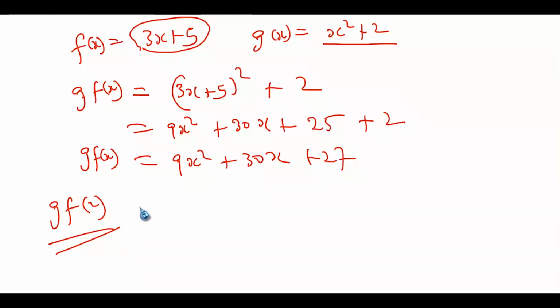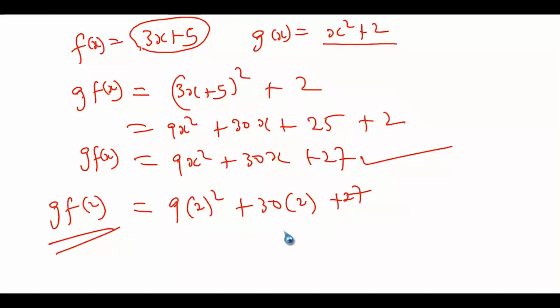So gf(2) will be, anywhere we see x in this equation, we'll pass 2 to it. So this will be 9 into 2 squared plus 30 into 2, then plus 27.